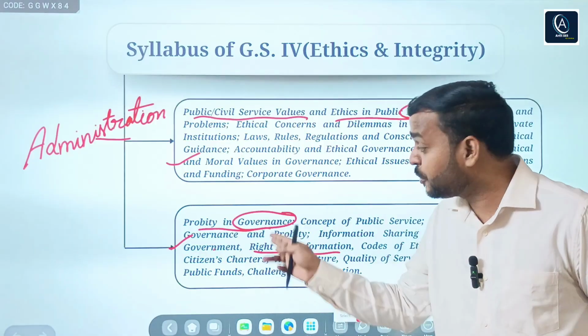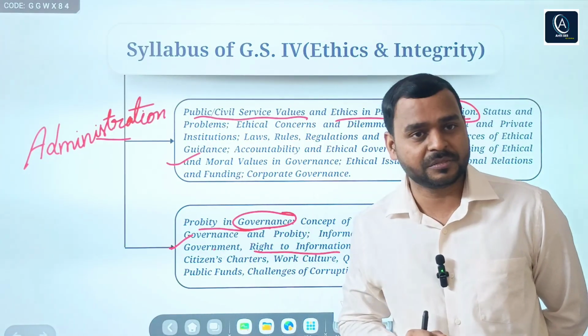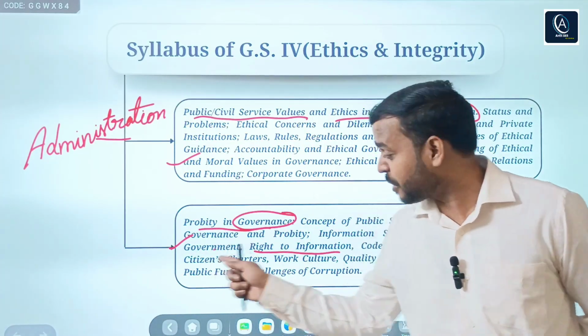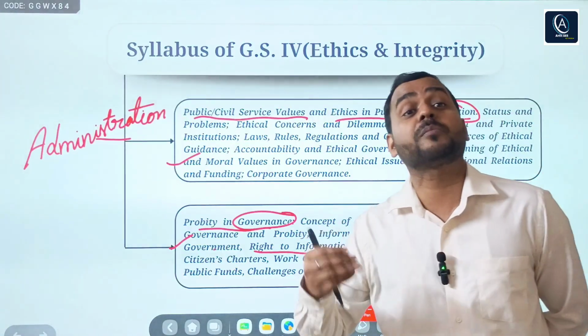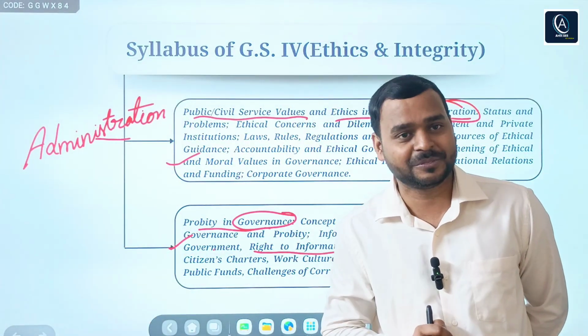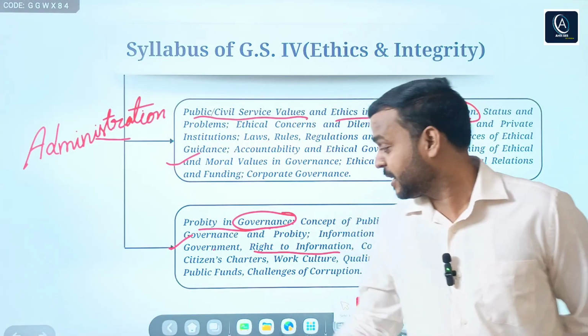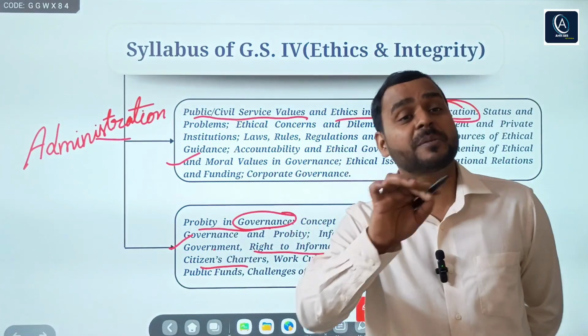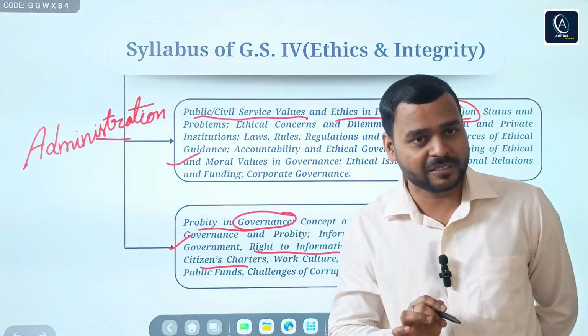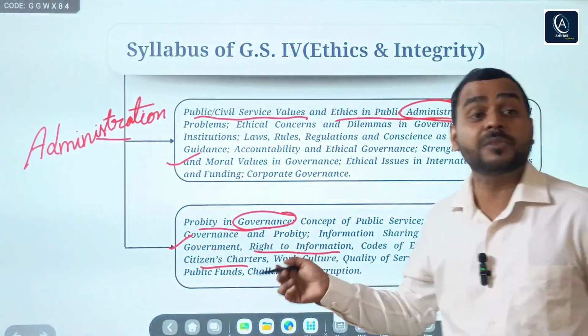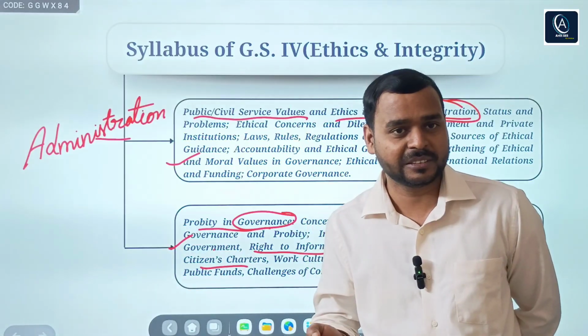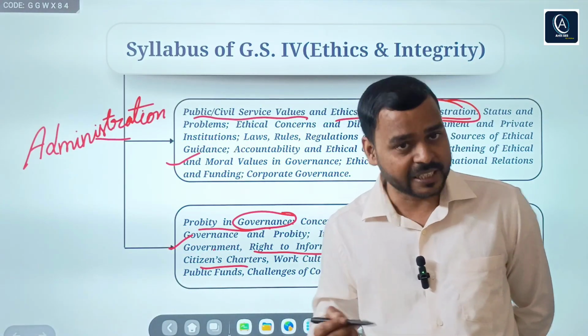But here you have to study from an ethical perspective. Though the same topic is mentioned, here you will have to apply your ethics, your morality. Like citizen charters. All these are part of GS paper 2's governance topic, but here you will have to study from an ethical perspective.